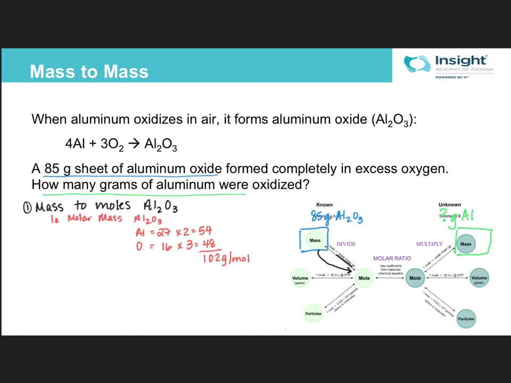And then 1B is going from mass to moles. That's where I'm going to divide by that molar mass I just calculated. So 85 grams divided by 102 is equal to 0.833 moles.